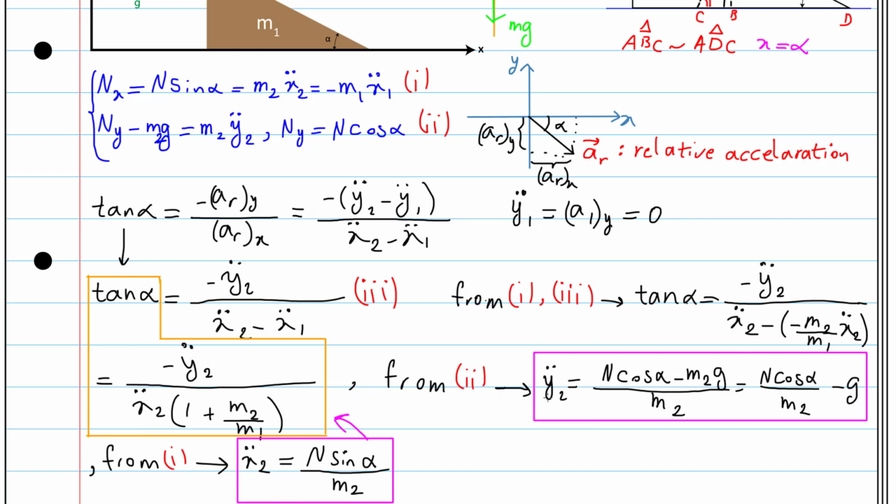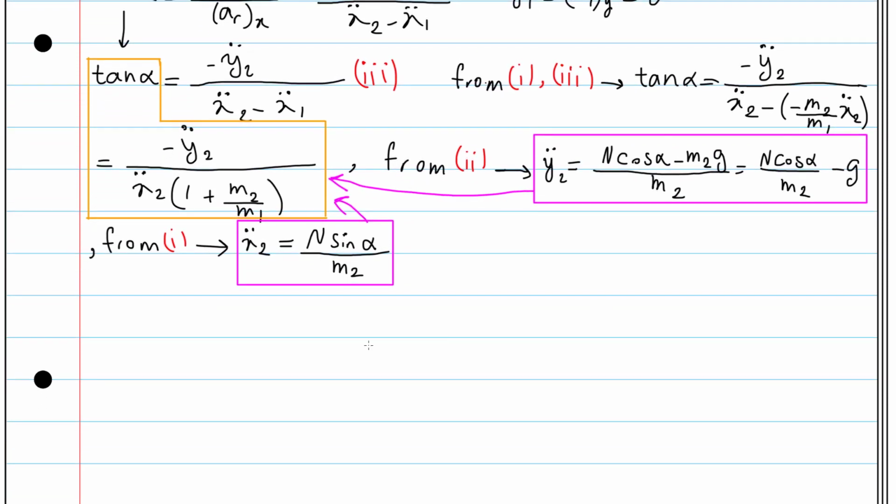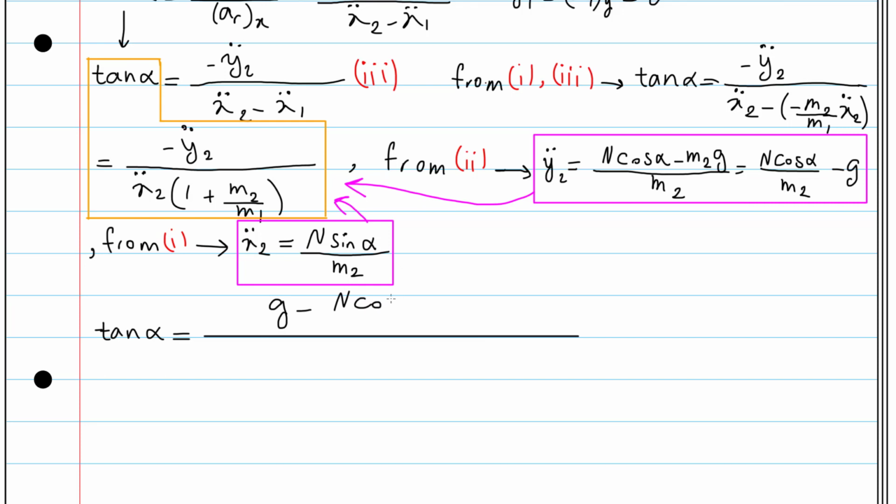So we plug them in here, and we have tangent alpha equals g minus n cosine alpha over m2, divided by n sine alpha over m2 times 1 plus m2 over m1.